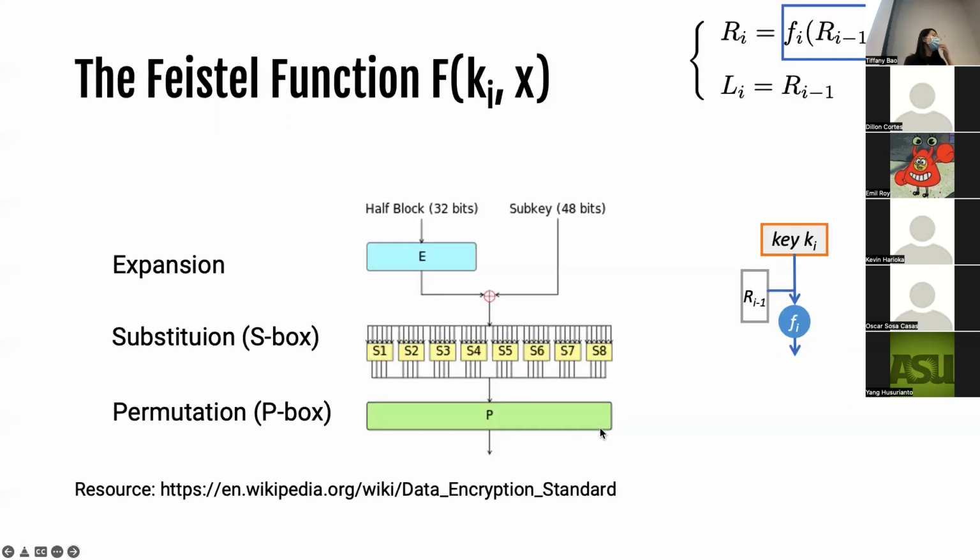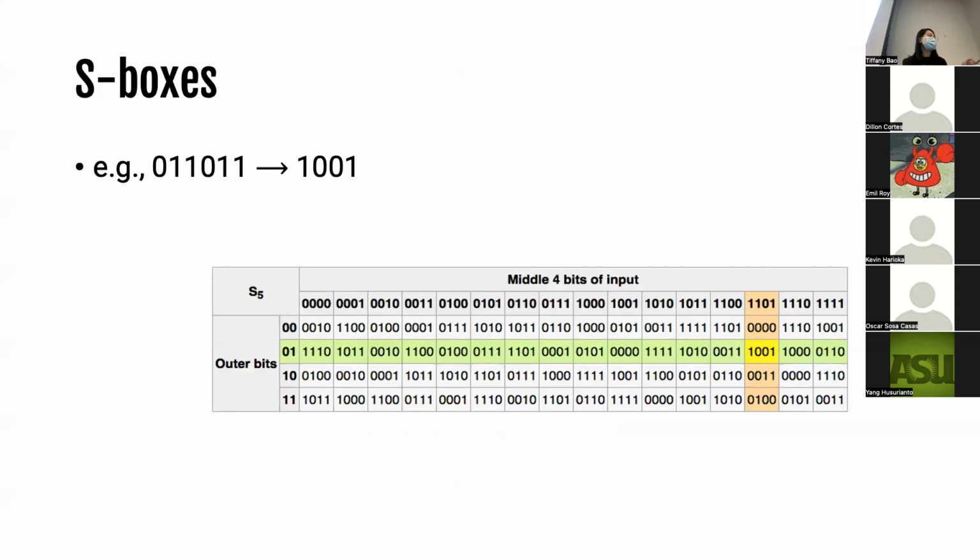Okay, and then for substitution, which is the S-box, the way that it works is that you will have, say, a 6-bit number or 6-bit block, and then you look at this lookup table to get the output of 4 bits.